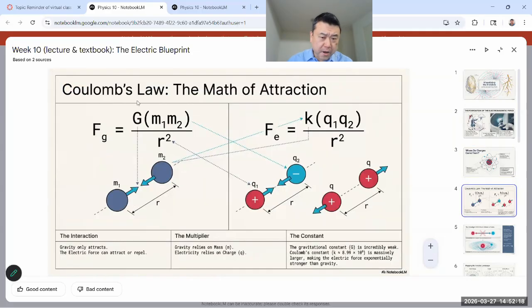And so Coulomb's law, yeah, so as I was saying, this is the most mathematical of the content you will see this week. Now, one thing that I hope helps you is that Coulomb's law is very similar to Newton's law of universal gravitation.